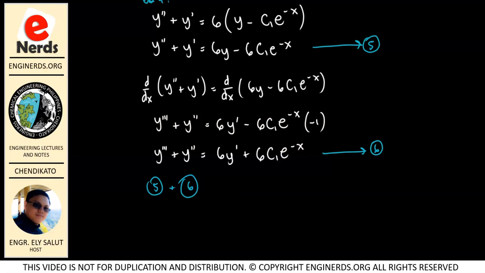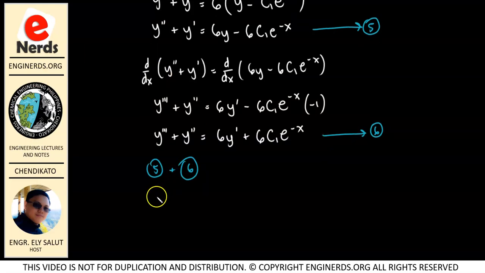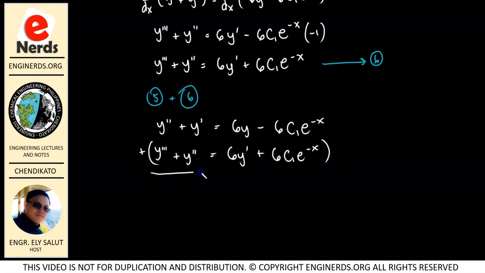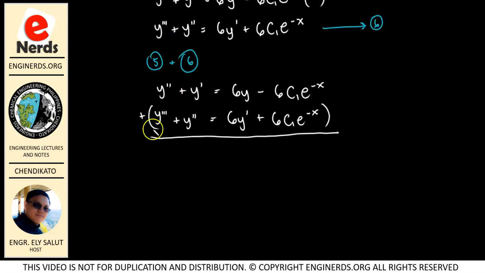So let me write again our equation. Our equation 5 is y2 prime plus y prime is equal to 6y minus 6 c1e to the negative x. Then our equation 6 is y3 prime plus y2 prime is equal to 6y prime plus 6 c1e to the negative x. Okay, so I'm going to add this. Okay, so unahin ko yung y3 prime.